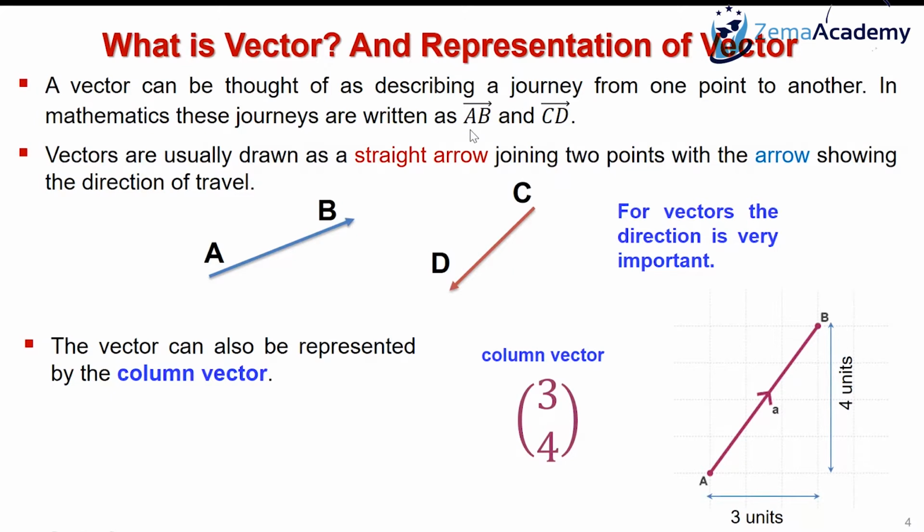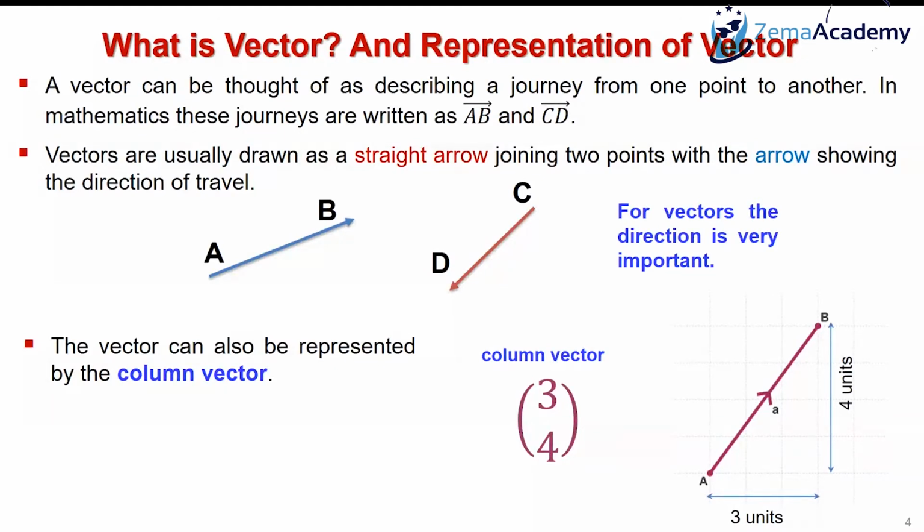Other times, in other textbooks, they write the vector, let's say AB, as a distance r or a point p, and they put a bar on the top of that alphabet or symbol, and this represents a vector.